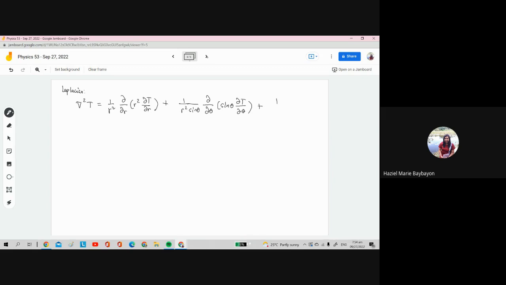And then we have 1 over r squared sine squared theta multiplied by the second derivative of t with respect to phi squared. Okay, so this is the Laplacian of a scalar function.